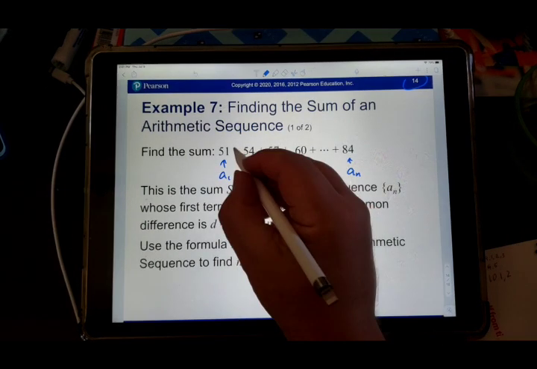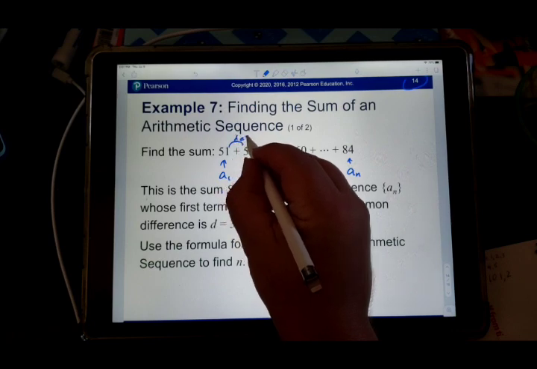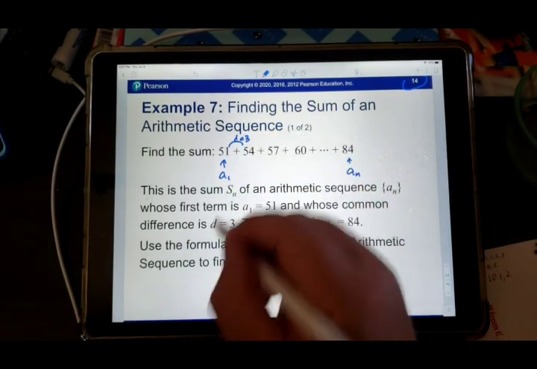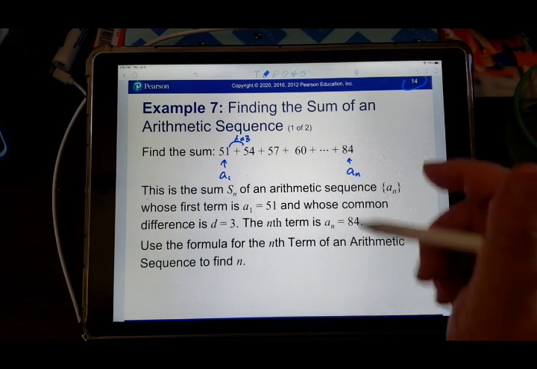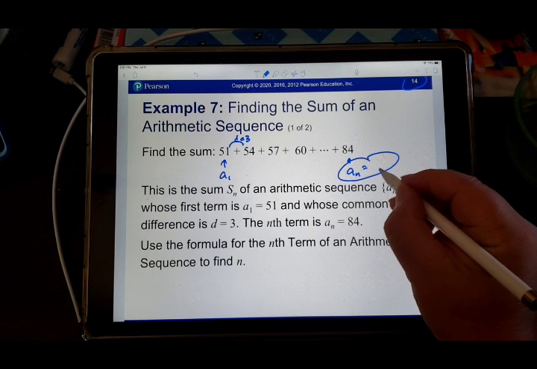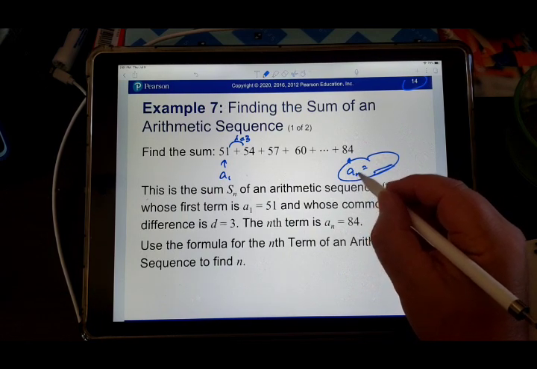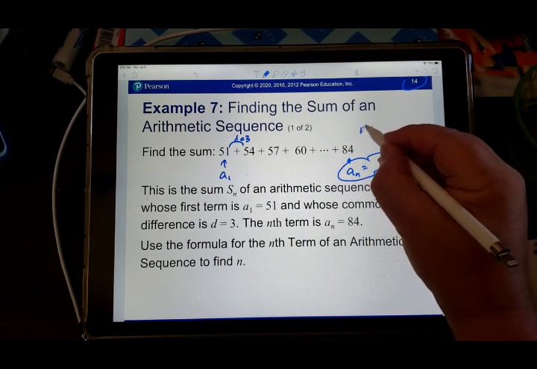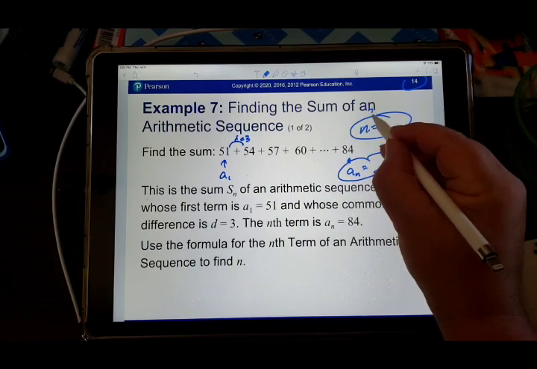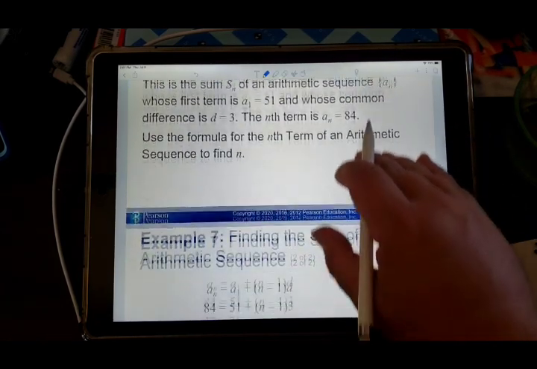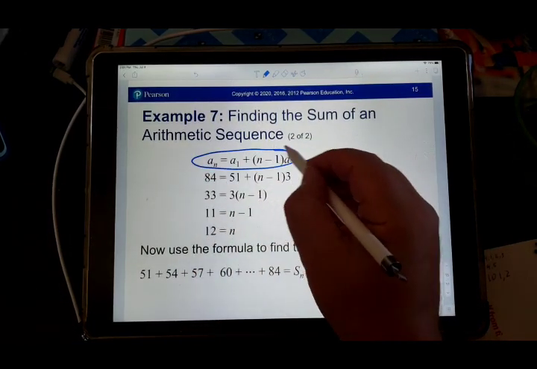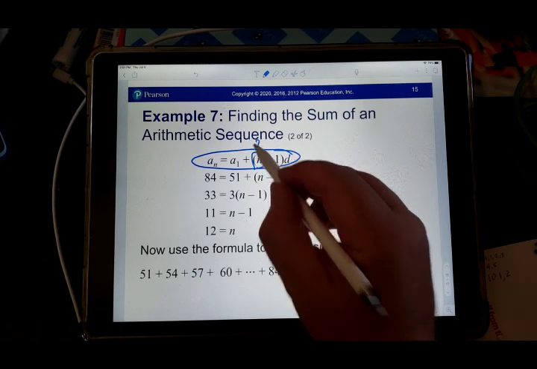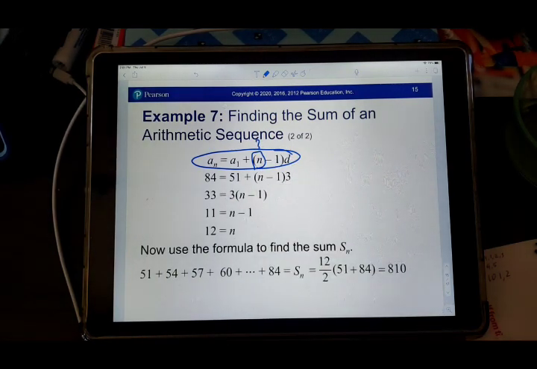And then d is 3. I'm adding 3 every time. All right, so this is a problem. I know what a sub n is, but I need to know n. And if you don't understand why I need all these values, we'll look at our formulas and we'll see. So they use this formula to solve for n. N is the thing that we're looking for, and so we can use this formula to find it.